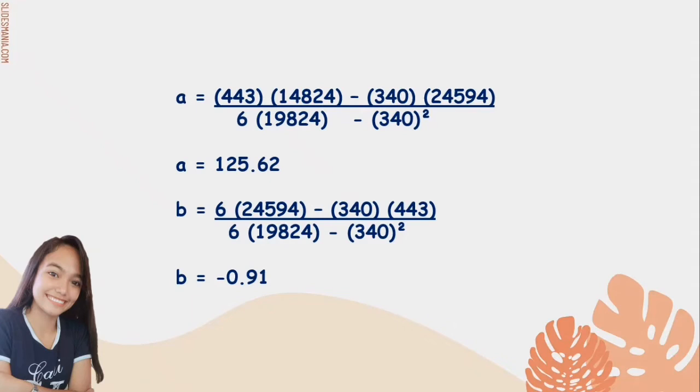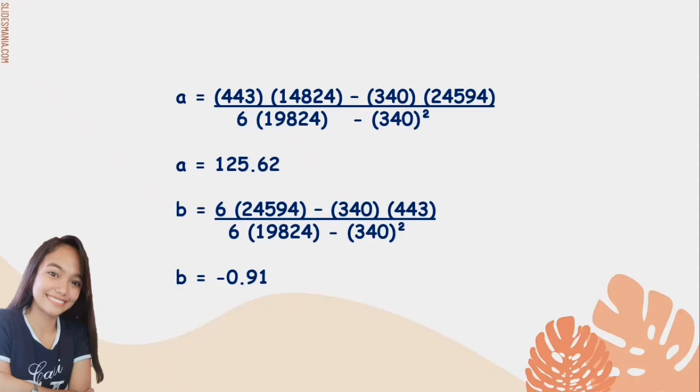Ito yung summation of x squared. So, i-minus natin sa summation of x, yung 340, summation of xy, 24,594 all over. So, yung 6 kasi 6 students.